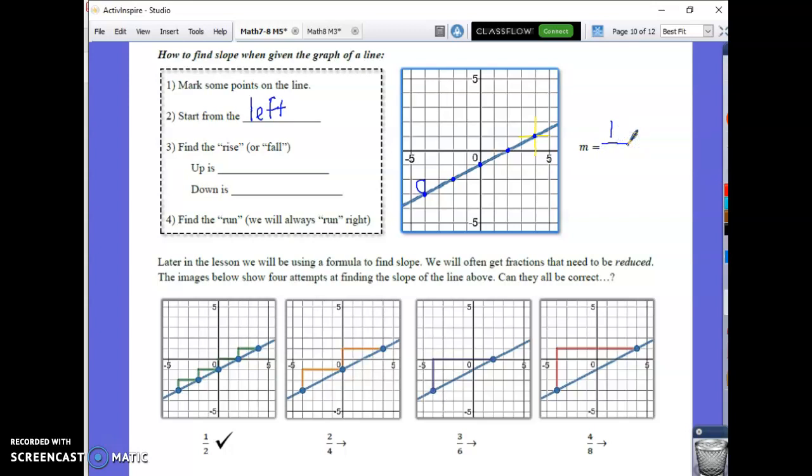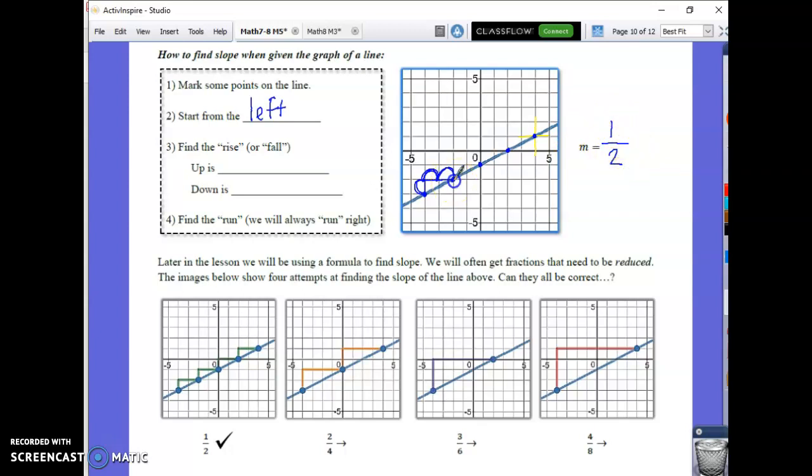And then we have to find the run. We go from here to here. Well, that's 1 and 2 units, right? We're going 1 unit up and 2 units to the right. So our slope is 1 over 2.